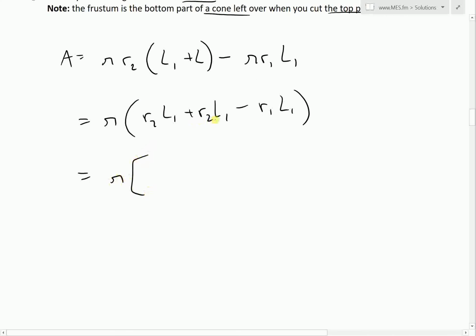So this all together equals pi, and then this is in brackets. We're going to simplify by removing this L1 out of there, so we get R2 minus R1, so we just factored the L1 out. Actually, this one is L, my bad, when you multiply that it's just by itself. And now we have L1, and then plus just this R2 L.